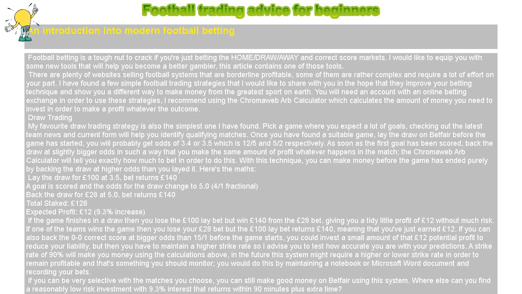If you can be very selective with the matches you choose, you can still make good money on Betfair using this system. Where else can you find a reasonably low-risk investment with 9.3% interest that returns within 90 minutes plus extra time?